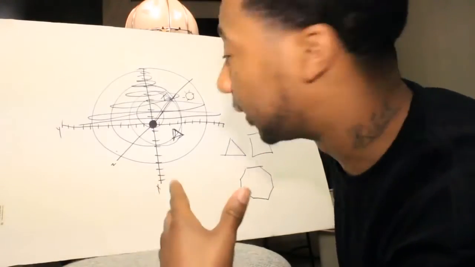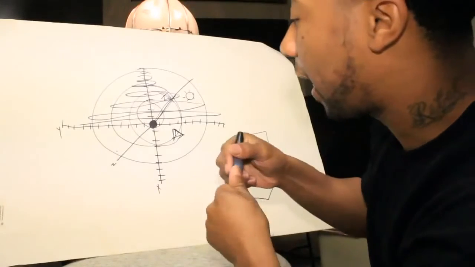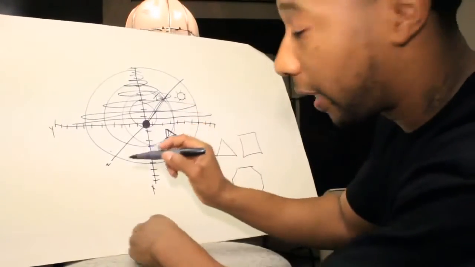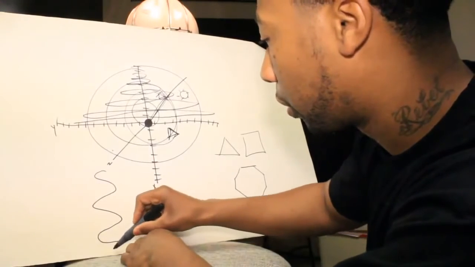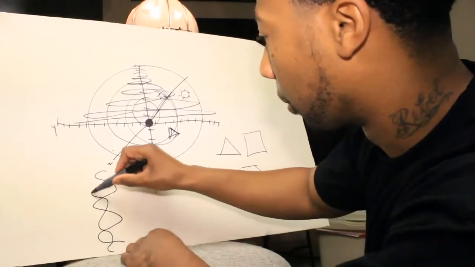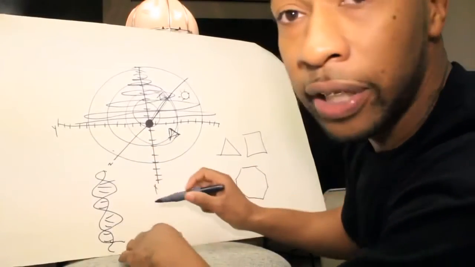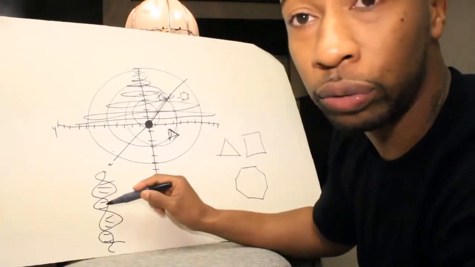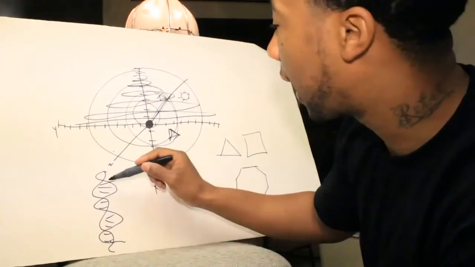When Venus transits the sun, elements in your body change. They change. This is what they change. They change your DNA codes. This is what happens. They change your DNA codes.